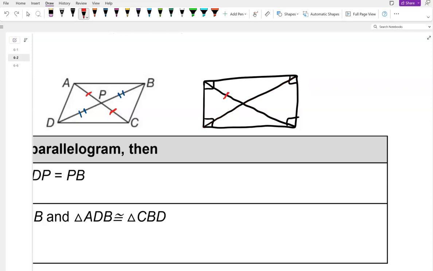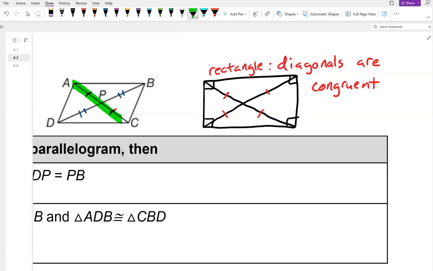So one thing that you need to understand about the diagonals of a rectangle is that the diagonals are congruent. Okay, so what that means is basically all of these parts are the same. So unlike the parallelogram where just this one line had these two halves the same and these two halves the same, on a parallelogram, this line here is not necessarily equal to this one over here.